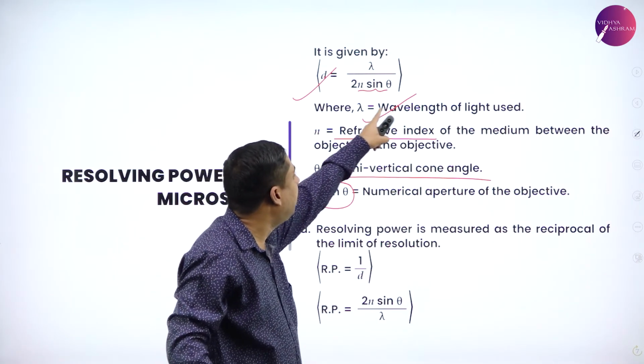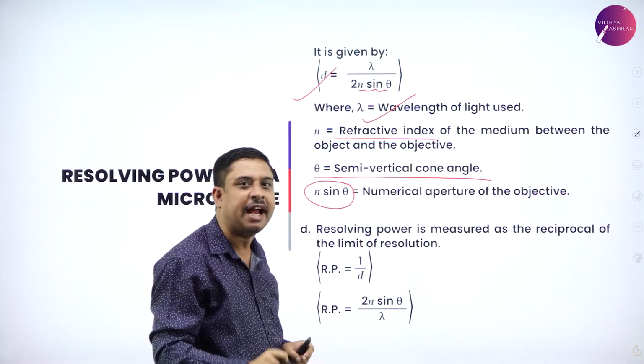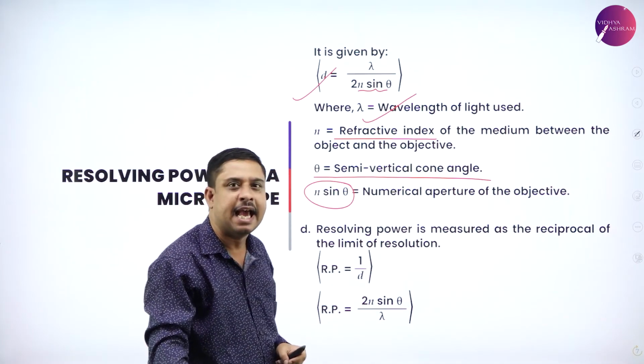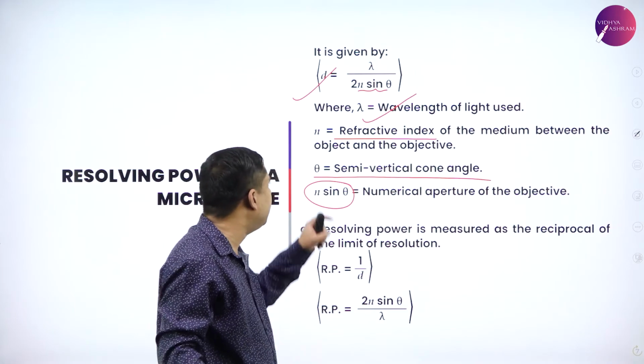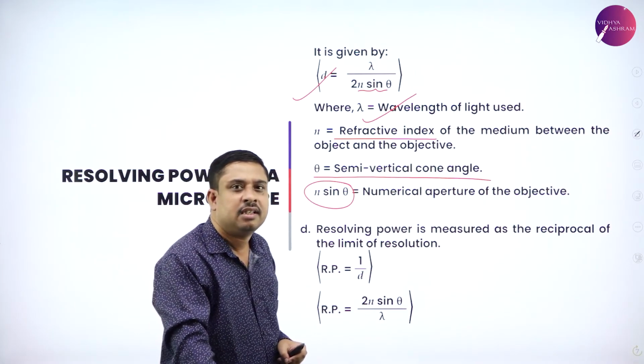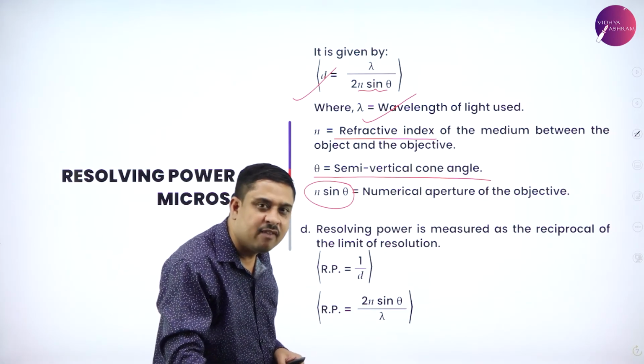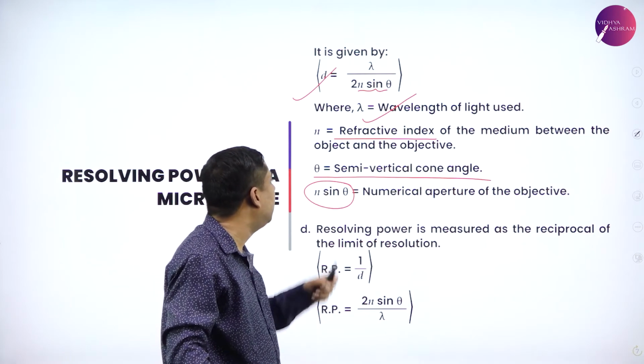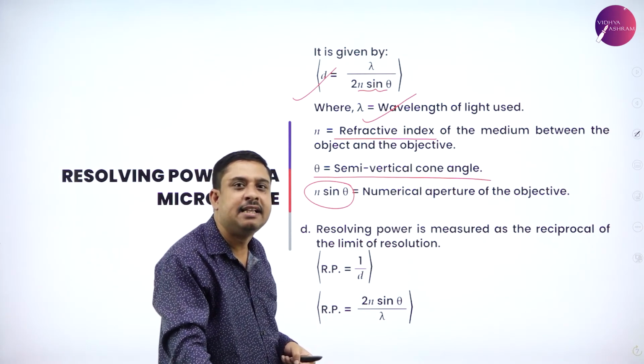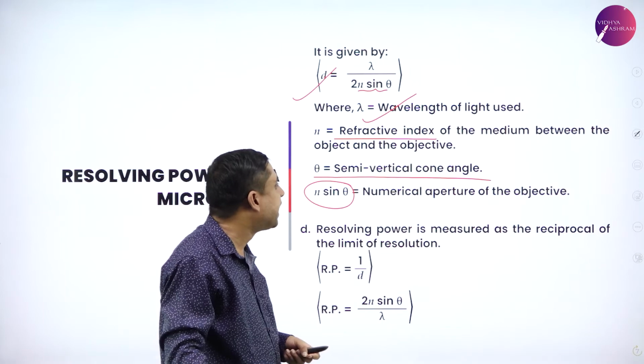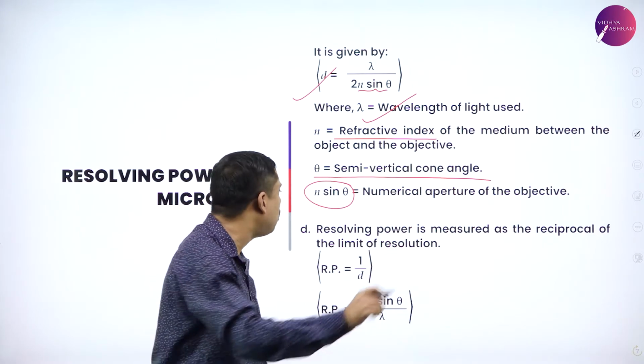So lambda, wavelength of light used; n, refractive index; theta, semi-vertical cone angle; n sin theta, numerical aperture.